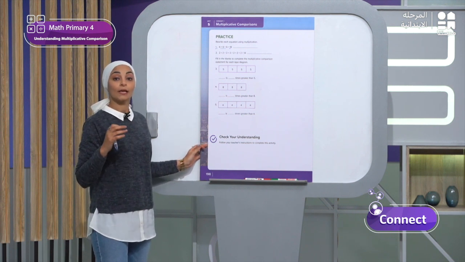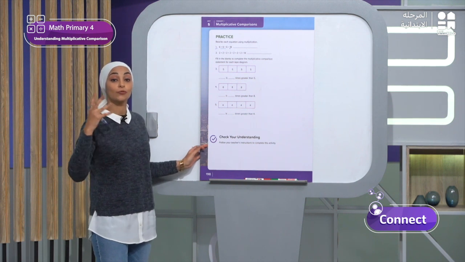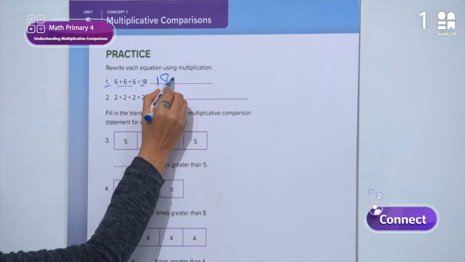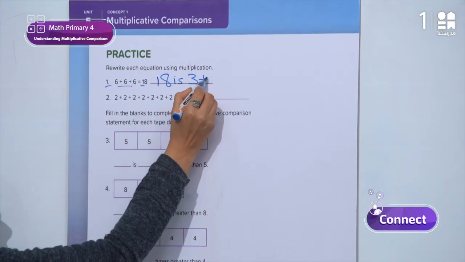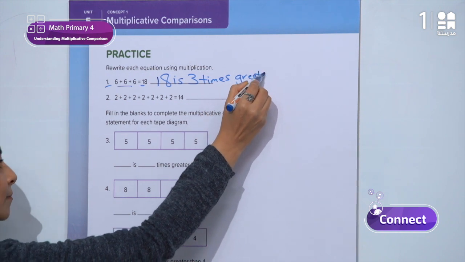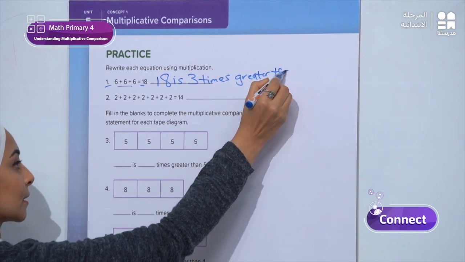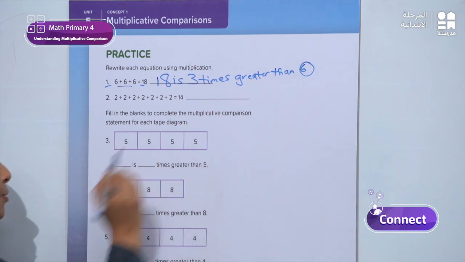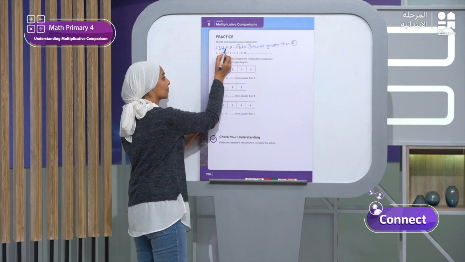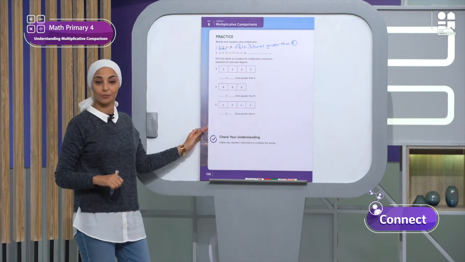Because 18 is 3 times greater than 6. Why do I say 18 is 3 times greater than 6? Because 18 equals 6 plus 6 plus 6. I did 6 three times.